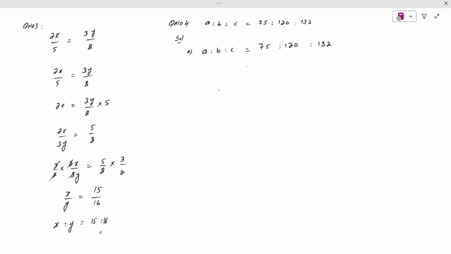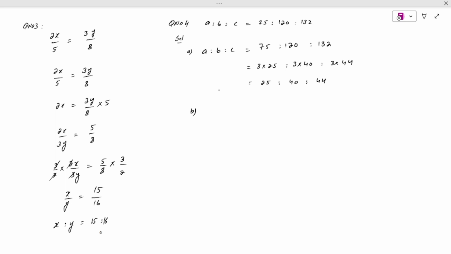We can simplify this ratio by using the table of 3, that is 75 can be written as 3 times 25, 120 can be written as 3 times 40, and 132 can be written as 3 times 44. Cancelling 3 from all the quantities, we are left with 25 ratio 40 ratio 44. So this is the simplified form of A ratio B ratio C.